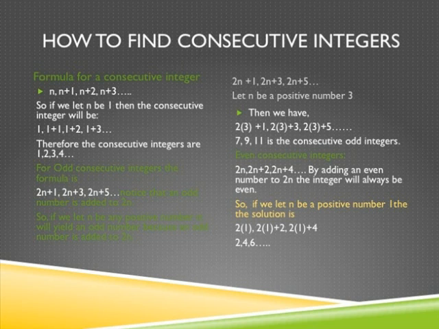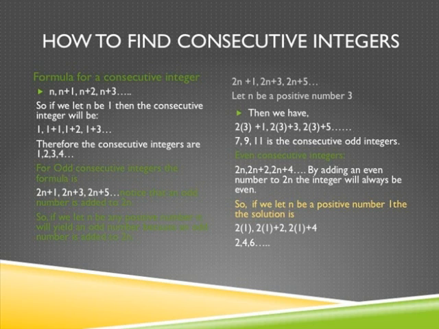What if we let n be the positive number 3? Then we have 2 times 3 plus 1 for the first integer, 2 times 3 plus 3 for the second integer, 2 times 3 plus 5 for the third. And our consecutive odd integers will be 7, 9, and 11.